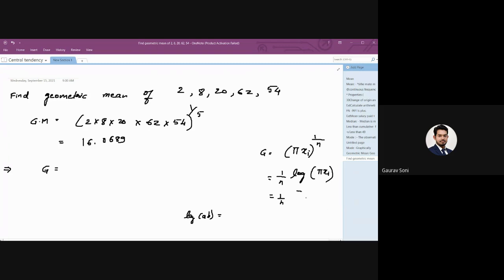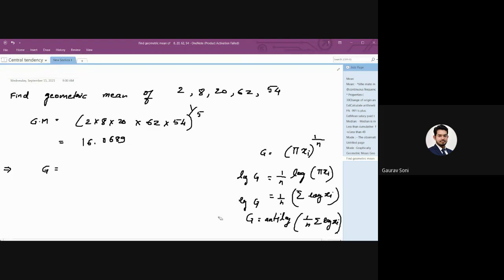Then you have 1 upon n, and on the left hand side you have log of G. So G is equal to antilog of 1 upon n summation log of xi. That is another way of doing it.